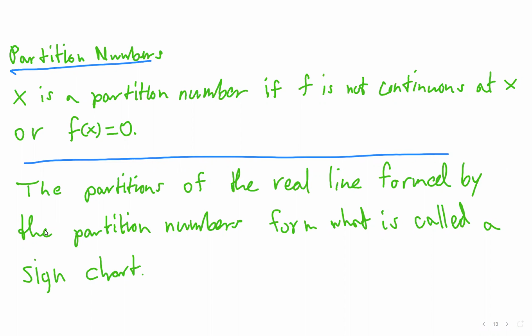And if you have these areas which are not continuous, predefined, then you don't have to worry about any of those issues showing up, where it could jump around from one side of 0 to the other. So basically, the partitions form the intervals on the sign chart, which we will be looking at here in a second.